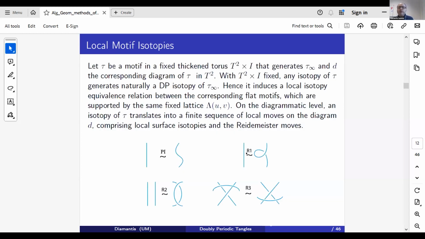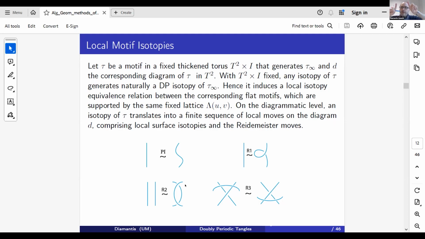So for the local motif isotopies, just imagine that you have a link on the thickened torus, and a strand of this link moves. If you take the diagram, the projection of that link, then the diagrams would be equivalent under these four moves. The standard three Reidemeister moves: the first one is just a positive or a negative kink.